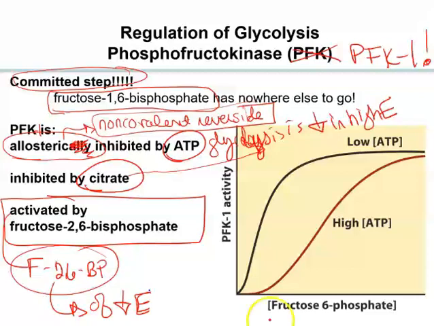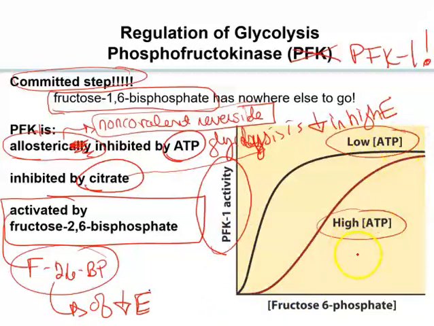We're going to look at it. Here you see a graph of PFK1 activity under conditions of high ATP and low ATP. This is the amount of substrate for the enzyme. So when there is not much ATP present, we have high activity of PFK1 when there's not much substrate present.